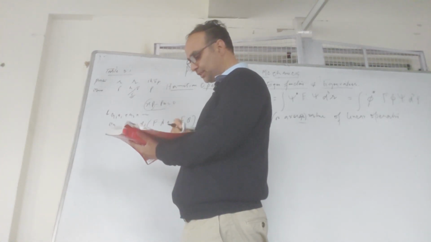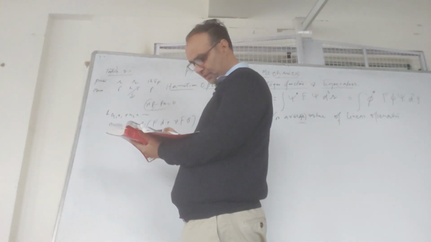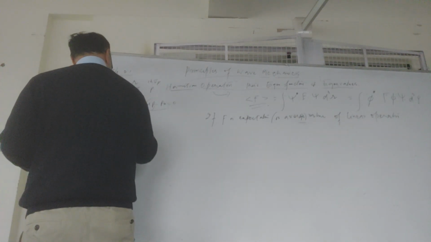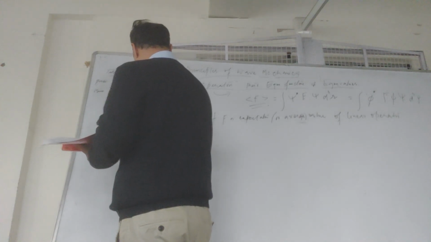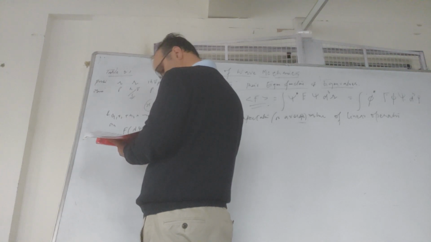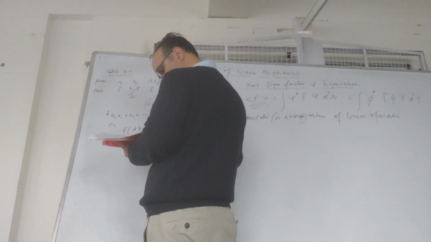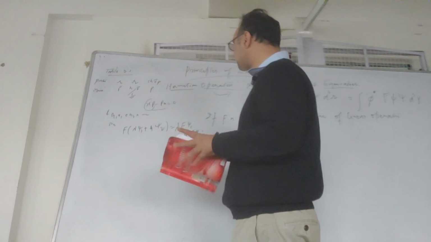Like if you see, so if linearity property is like this, f of lambda psi 1 plus mu times psi 2. So the scalars will come outside: lambda f psi 1 plus mu f psi 2. तो linearity property में क्या है?